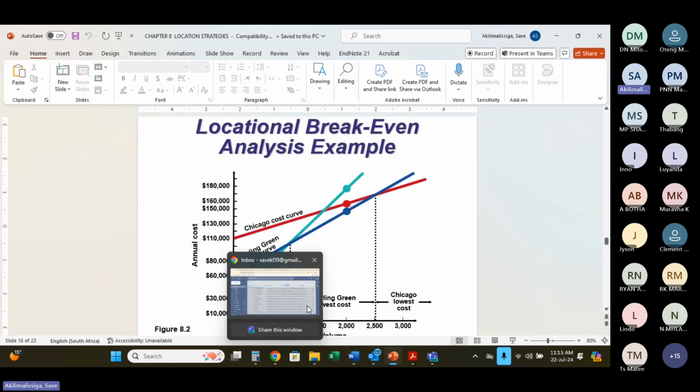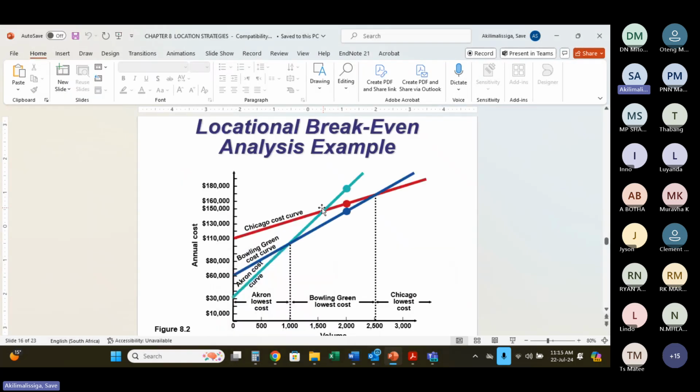So here we have the graph. You have the different cost lines and all that. Now, what is going to happen here is you have this crossover point, you have these lines. You need to check, because the objective is to identify the location with the lowest cost.